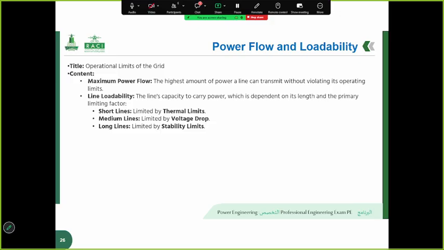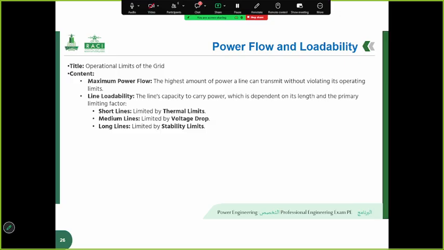Long lines, greater than 240 kilometers. For very long lines, the most critical issue is transient stability. A sudden disturbance such as a short circuit or a change in load can cause the generators at the sending and receiving ends to lose synchronism with each other. If the system cannot recover quickly, it can lead to widespread power outages.